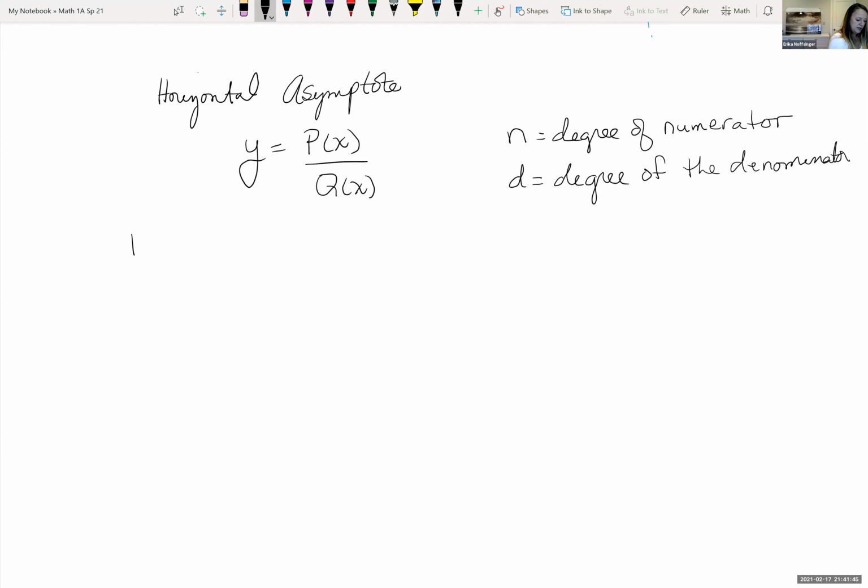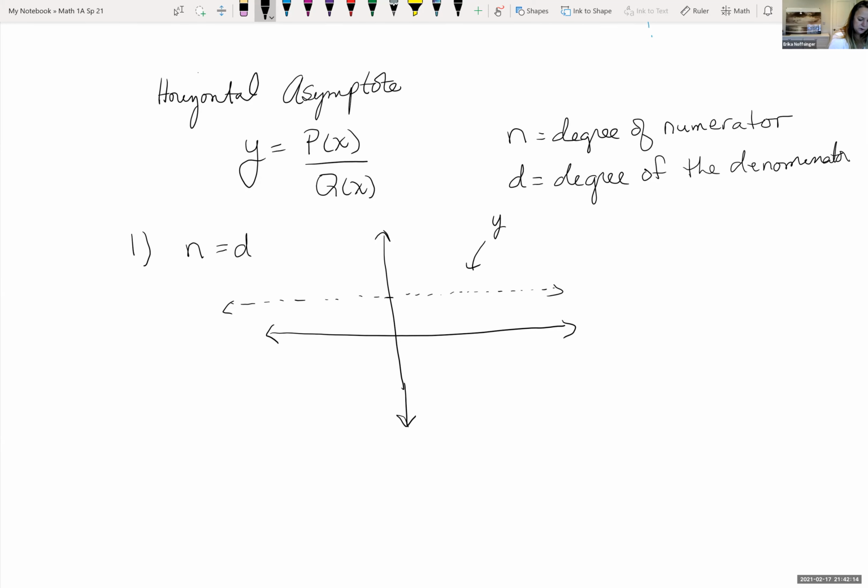And so there's 3 different cases that could happen. Your degrees could either be the same, so n equals d. Basically, you're going to have a horizontal asymptote. Could be above or below the x-axis, but let's just put it above the x-axis for now. And this line can be found.